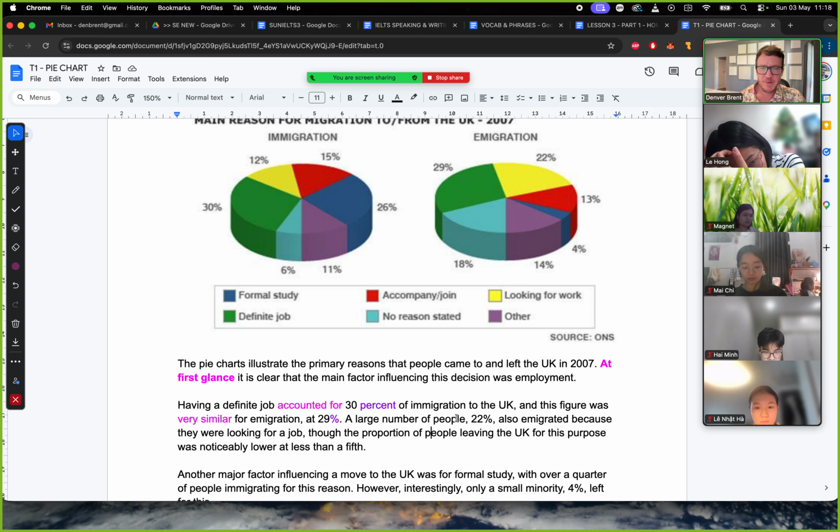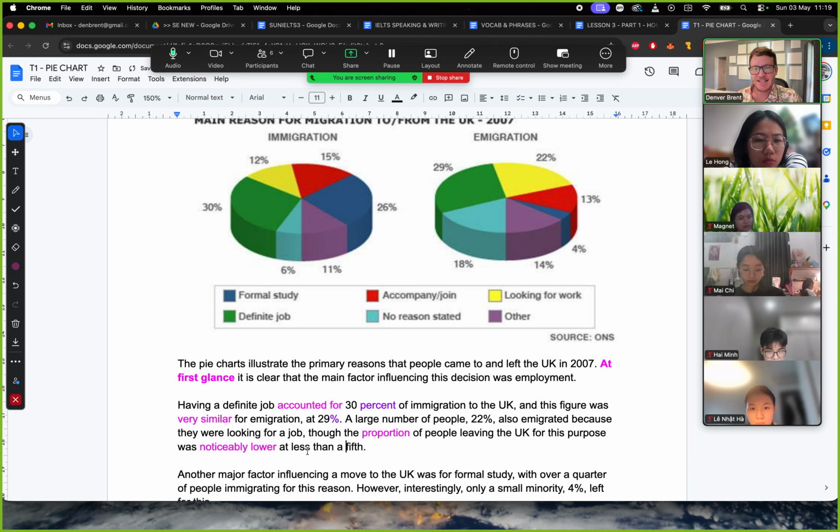A large number of people, 22%, also immigrated because they were looking for a job, though the proportion. So proportion and percentage, this is vocab that you use for pie charts. Though the proportion of people leaving the UK for this purpose was noticeably lower, at less than a fifth.